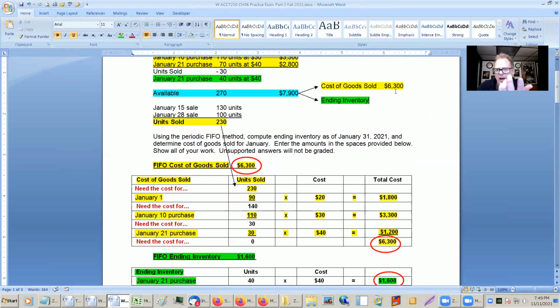So you can just subtract out: if 7,900 was the total that we had, and you sold 6,300 of them, whatever is left over, 1,600, must be in the ending inventory.